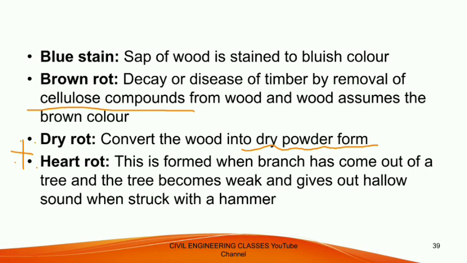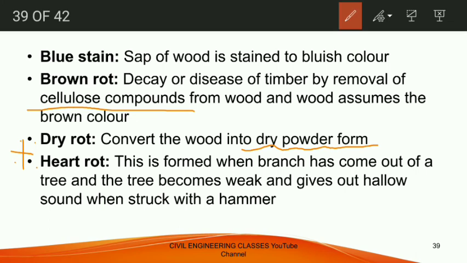This is formed when the branch has come out of a tree and the tree becomes weak and gives out a hollow sound when struck with a hammer. That is, the inside or the hard portion of the tree will be weak due to the attack of the fungi, and it will give a hollow sound when struck with a hammer or something hard.